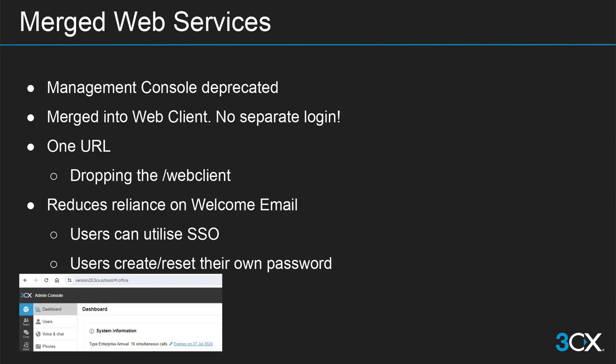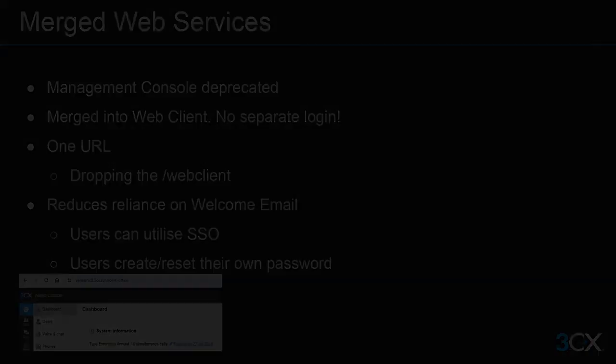All they have is a link to create their own password. If a user at some point forgets their password and they click on Forgot Password, they will receive the welcome email again, and it will be a link to reset their password. Users can also utilize single sign-on by Microsoft or Google if you have configured this.